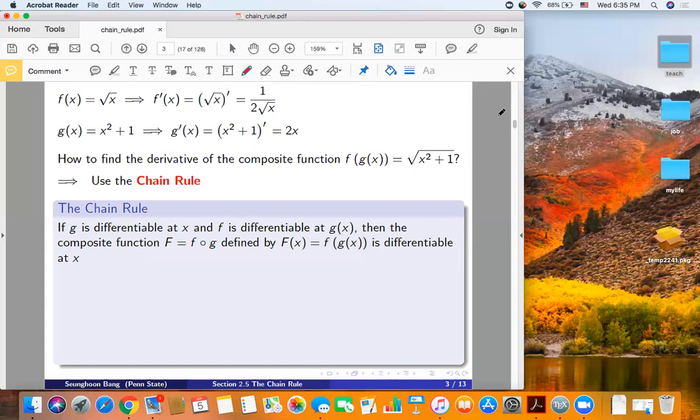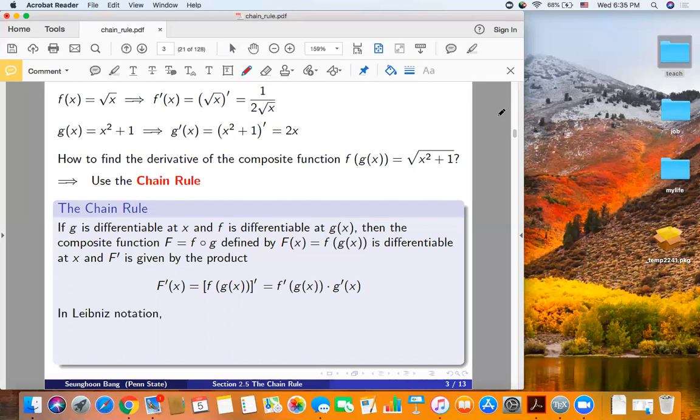Then the composite function capital F equals f circle g, defined by capital F of x equals f of g of x, is differentiable at x. So F prime is given by the product. F prime of x equals f of g of x prime, exactly the same as f prime of g of x times g prime of x.